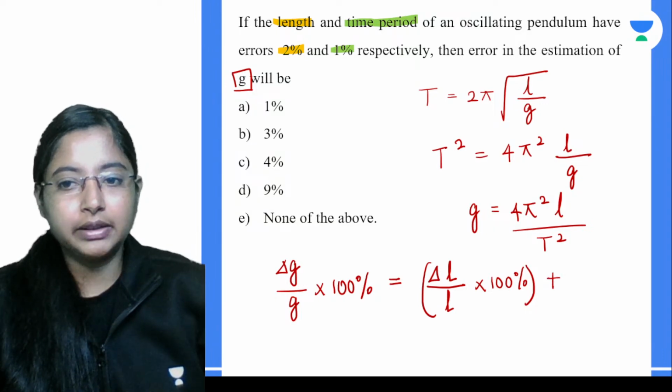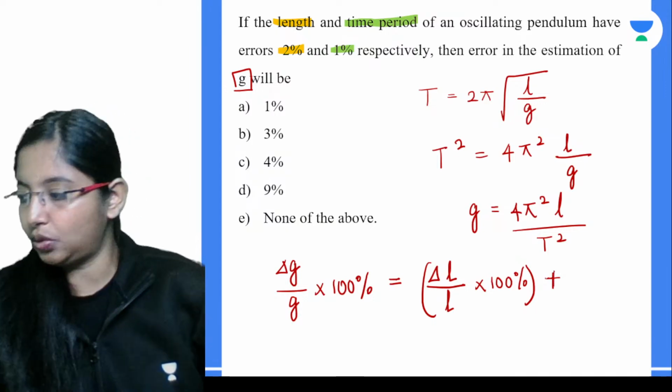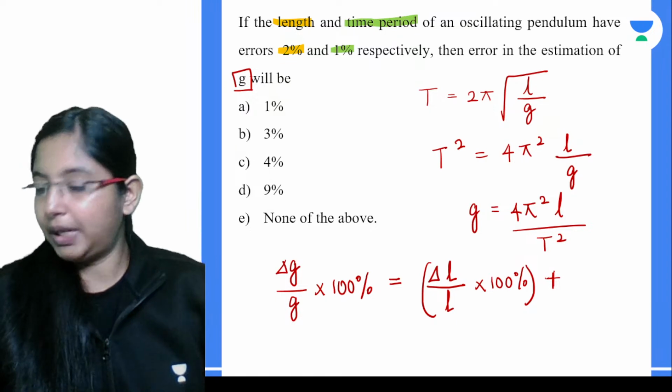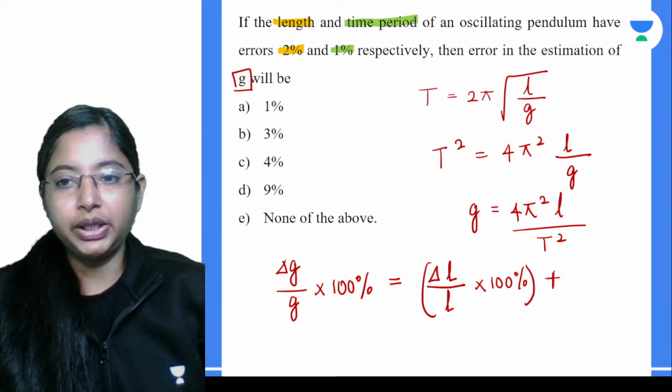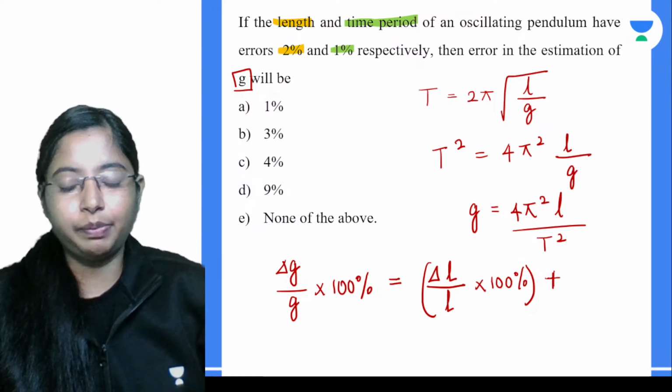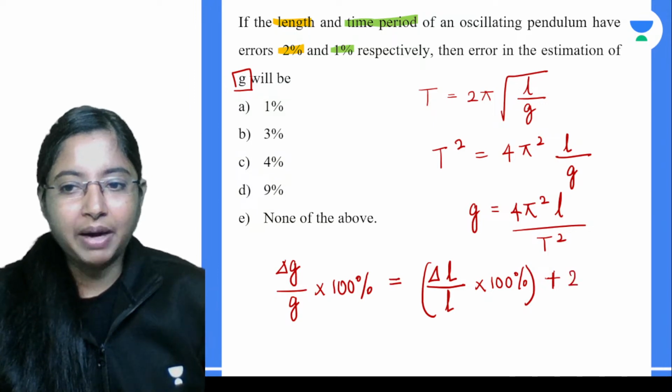again we have to add, because we are trying to find the maximum error, so in all quantities you will only add the errors. So plus we have T square. When this T square comes to the numerator, it becomes T to the power minus 2, but it doesn't matter, you take the power terms outside.